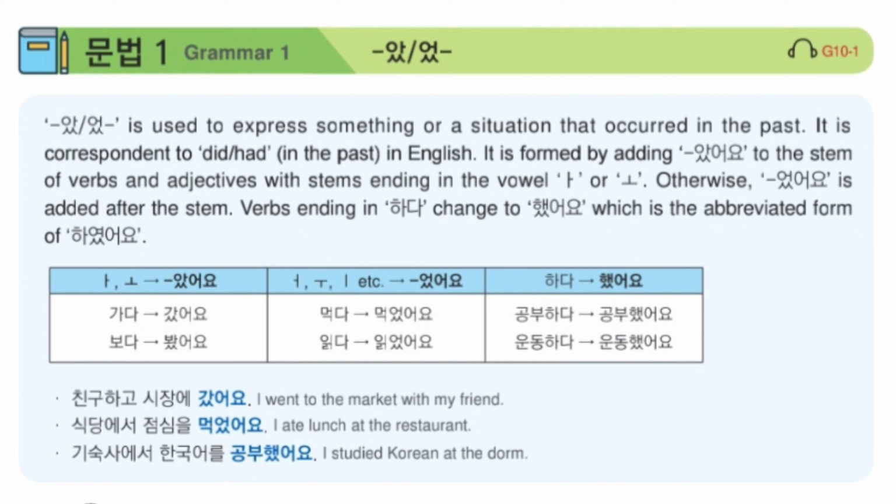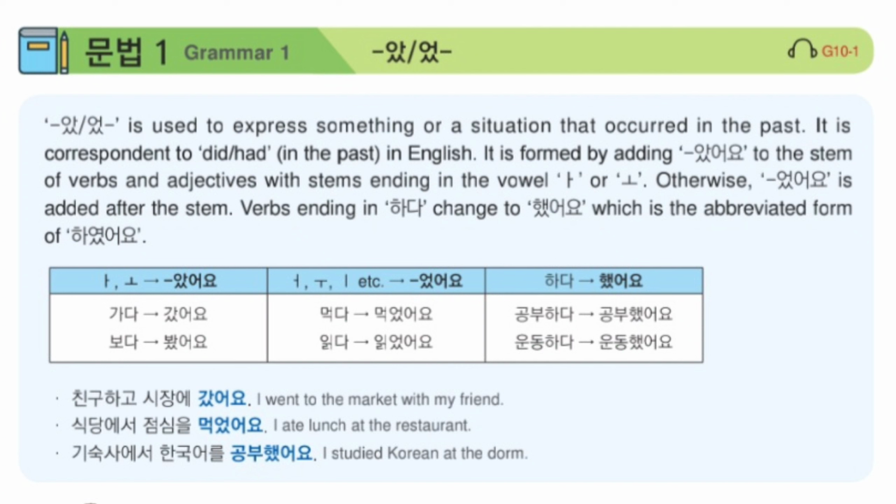Good. Not 시장. Why? To the market. What's that in Korean? 시장에. Wow, that's great. And then finally, what's the verb? 갔어요. And what's that in English? Went. You got it. You can say sentences in the past tense.